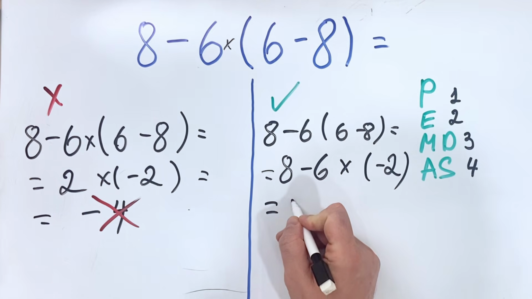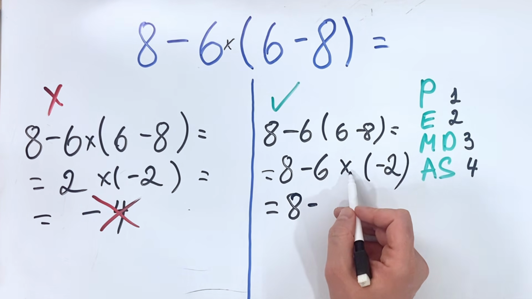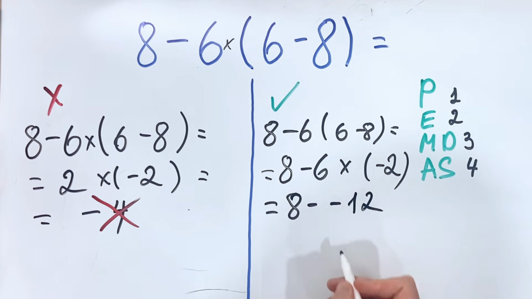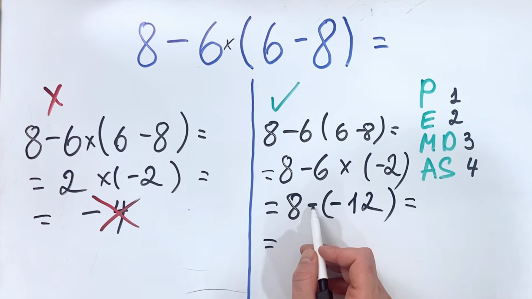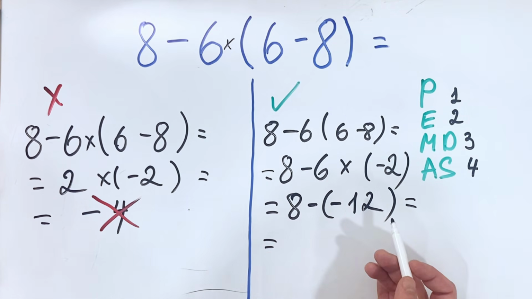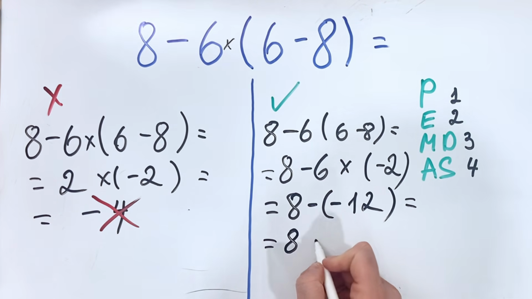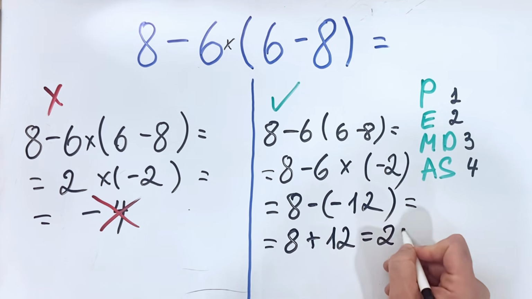We have 6 multiplied by minus 2, which is minus 12. In this case, when we have a subtraction of a negative number, it transforms to positive. So we have 8 plus 12, which equals 20.